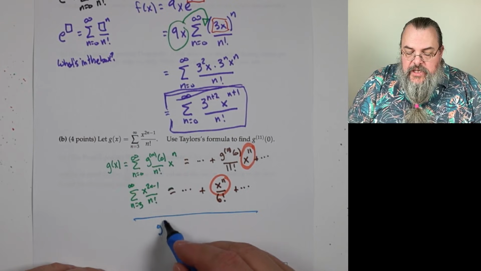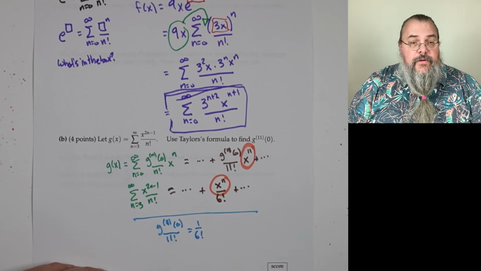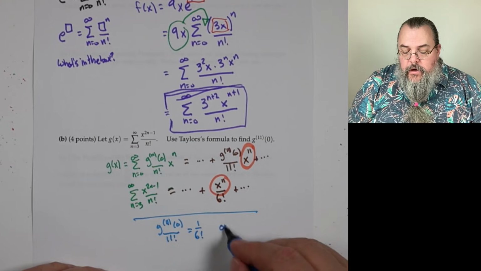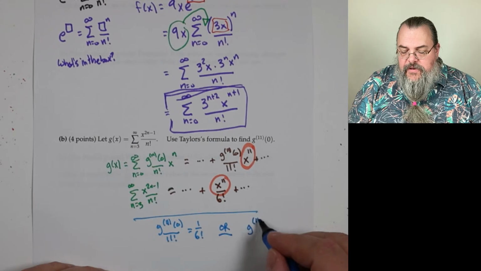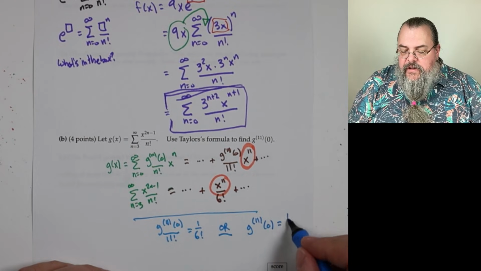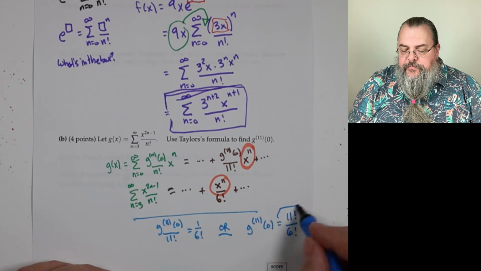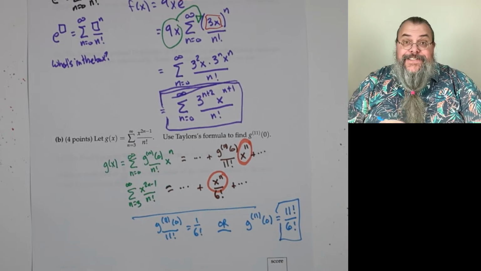So we're going to take g's 11th derivative at 0, over 11 factorial has to equal 1 over 6 factorial. Or, multiplying across, the 11th derivative at 0 is 11 factorial over 6 factorial. And there we go. That's the idea.